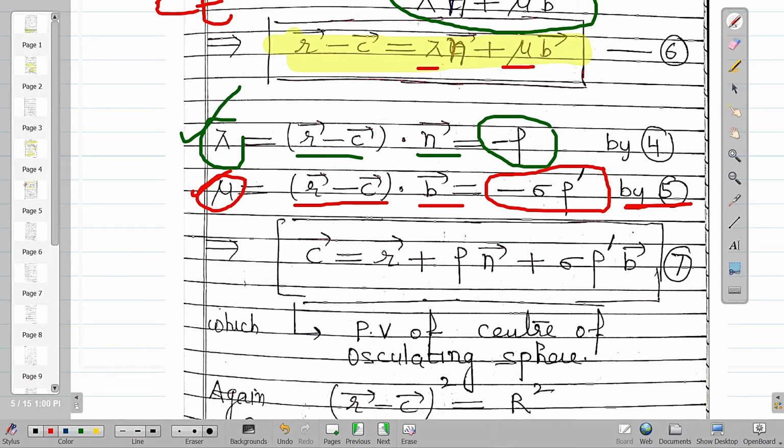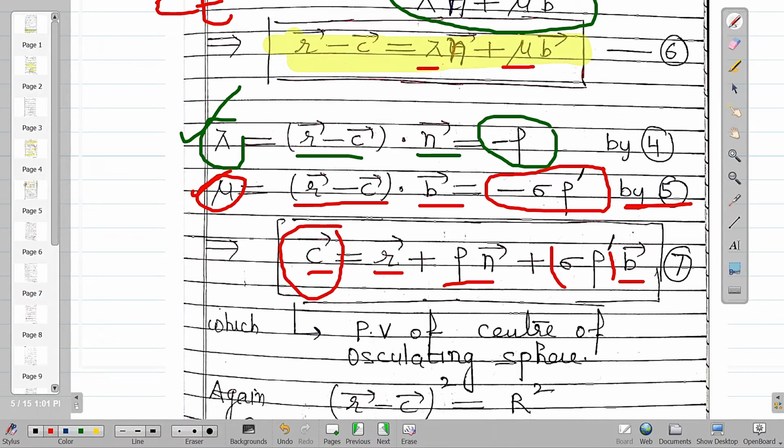Now what is the final equation? The final equation is C vector equal to R vector plus rho n vector, not n dash, rho n vector, plus sigma into rho dash into B vector. Clear? So it is the position vector of the center of the osculating sphere. So what is C?